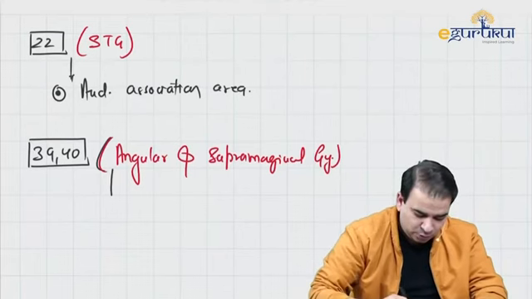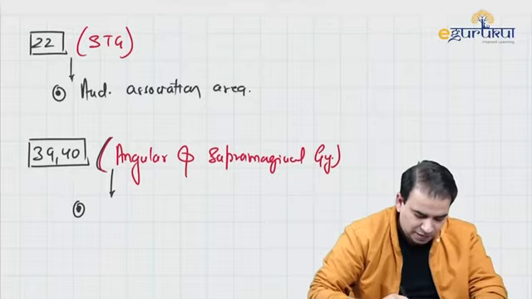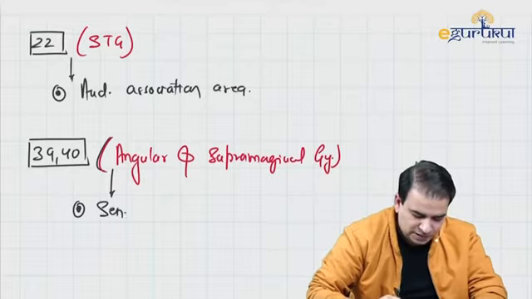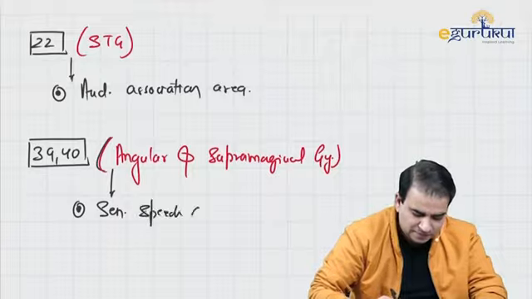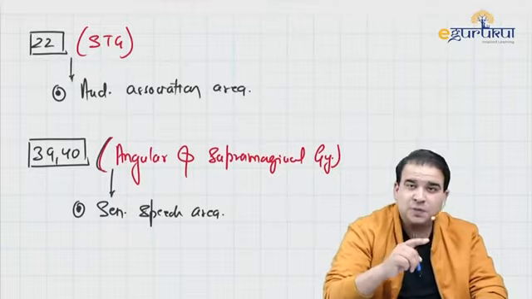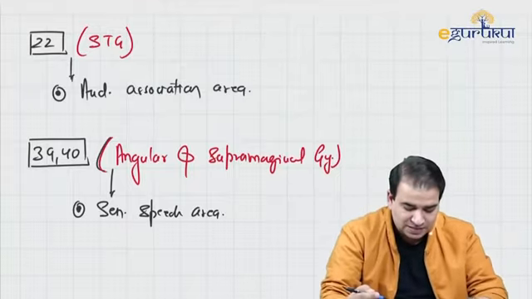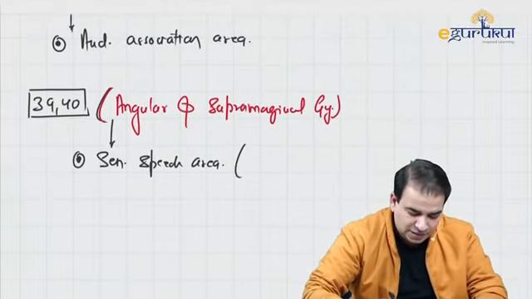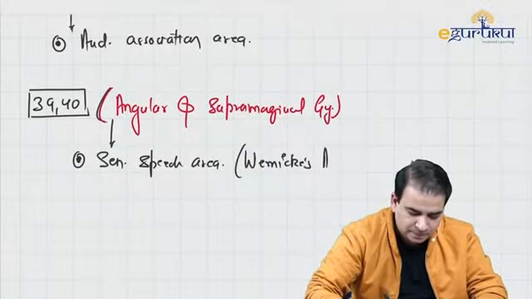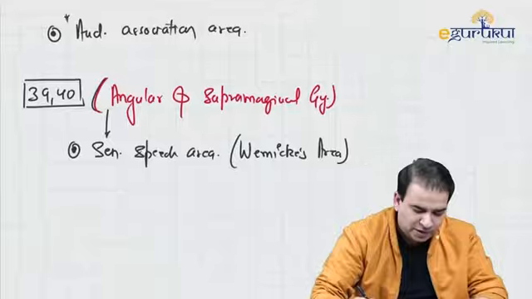Both these areas are components of the sensory speech area. The motor speech area was 44, 45; this 39, 40 is the sensory speech area, a component of Wernicke's area.